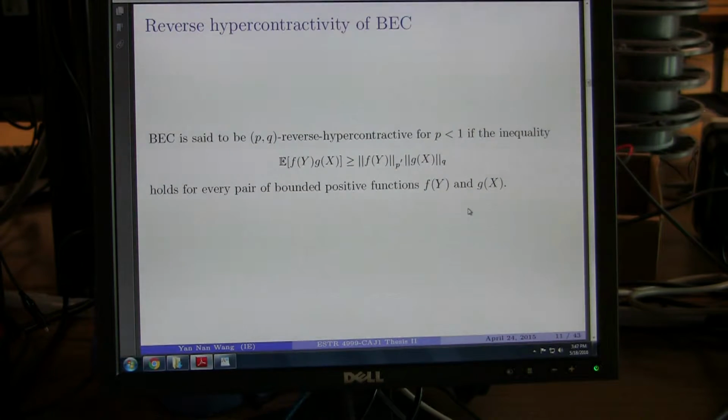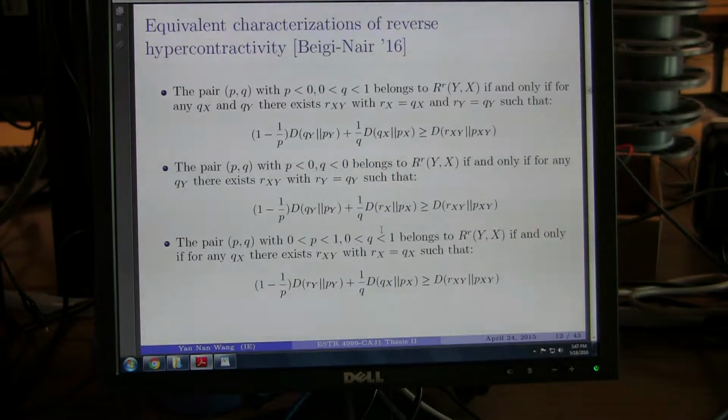Again, we exchange the position of X and Y in the definition. This is a modified definition of the reverse hypercontractive region for binary erasure channel. Here is an equivalent characterization of the reverse hypercontractive region established in the finite alphabet setting.